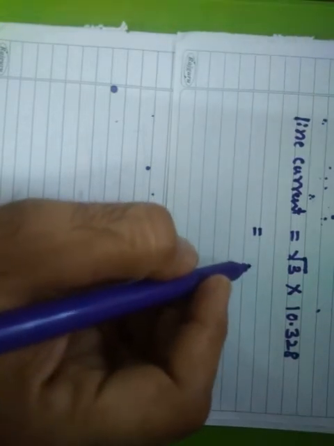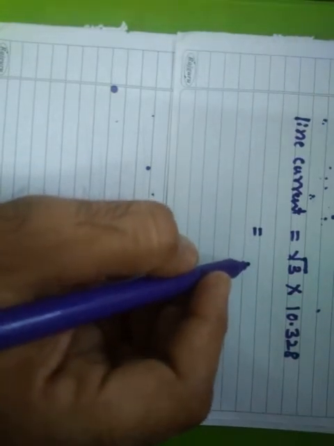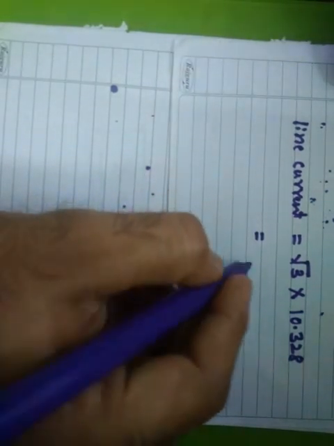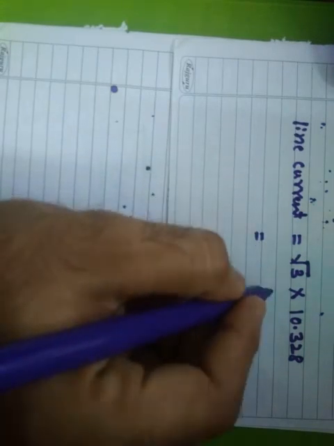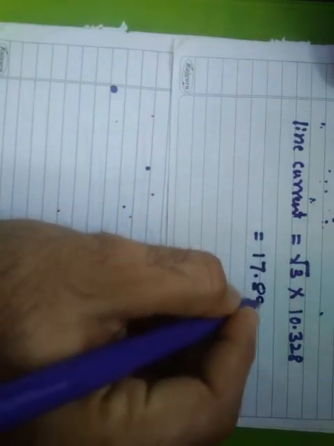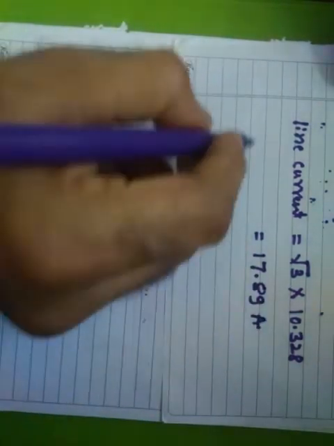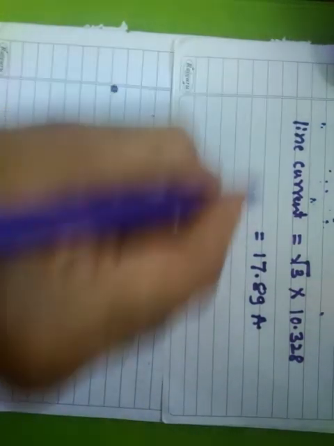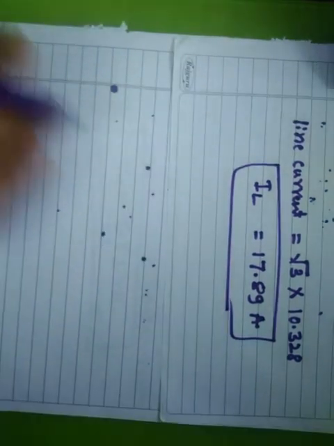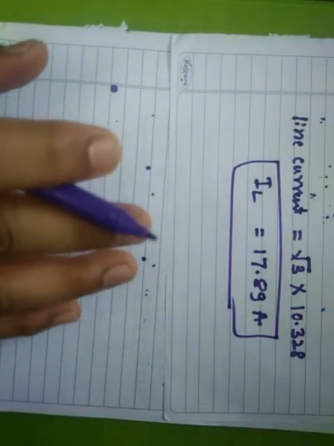In the question it is given that it is a delta connected squirrel cage induction motor. Substituting this in the calculator, I got 17.89 amps. So this is the line current, and all the values are calculated.